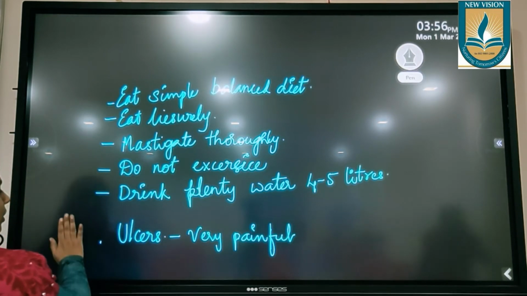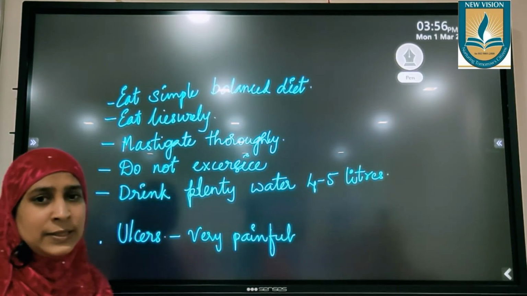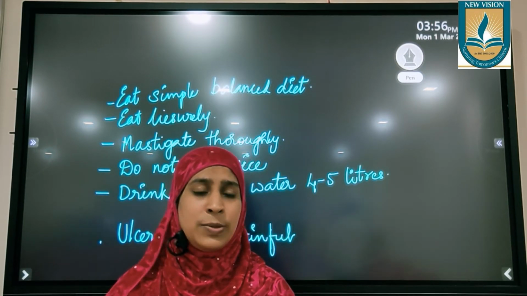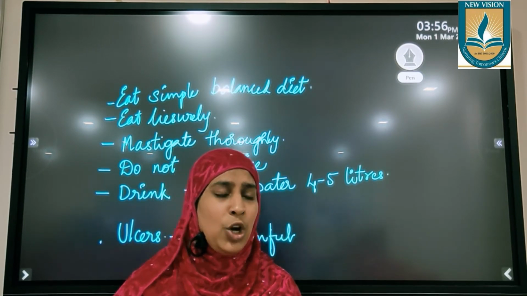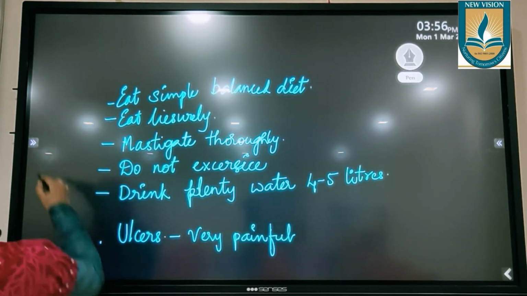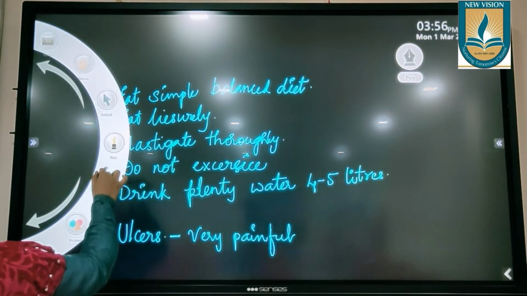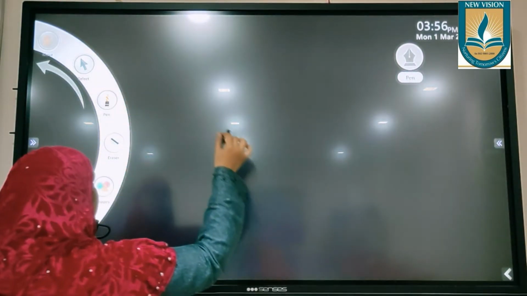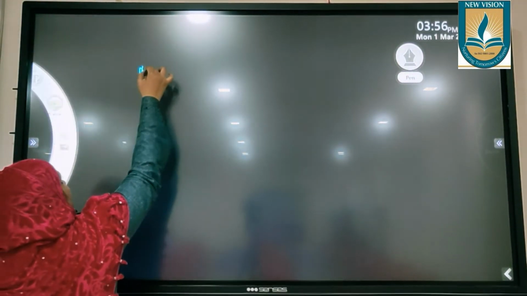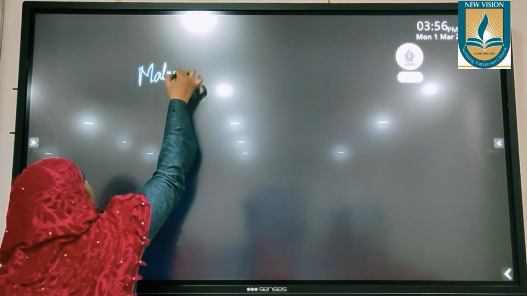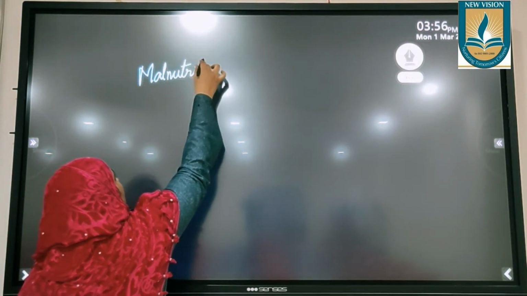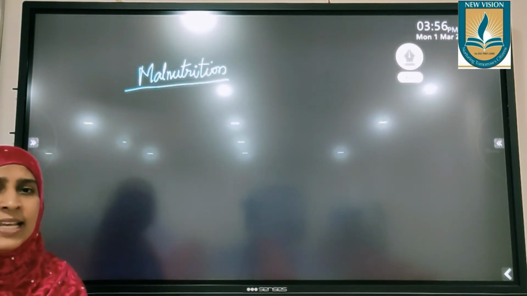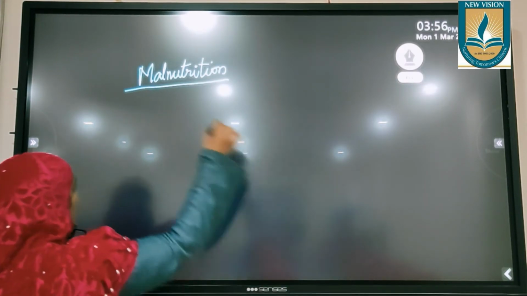So this is about the various aspects of the digestive system. Now we'll discuss malnutrition. When you are not taking a proper diet, you get diseases called malnutrition diseases. When your food lacks one or two types of nutrients, the condition that arises is called malnutrition.